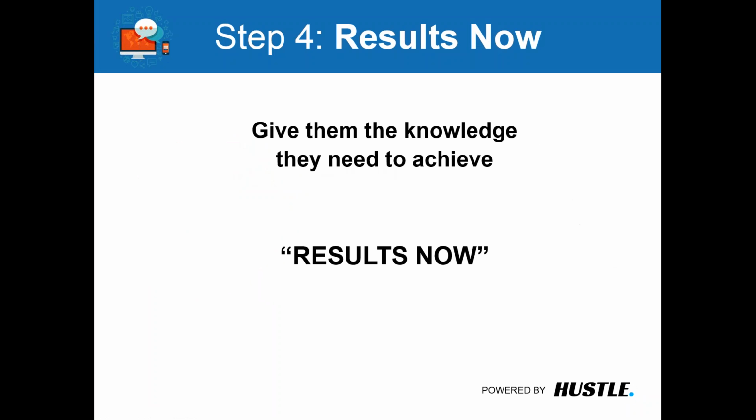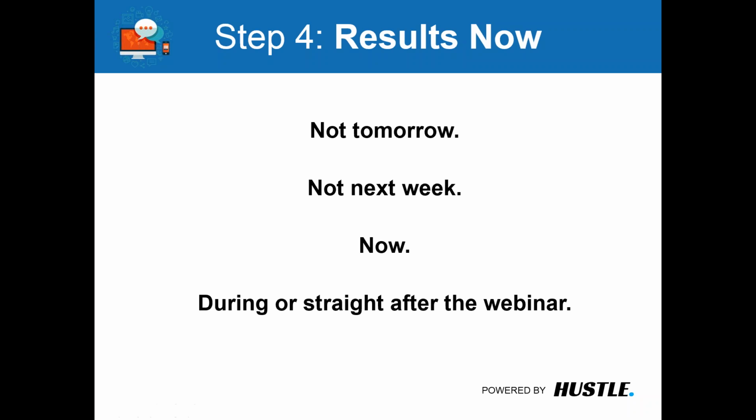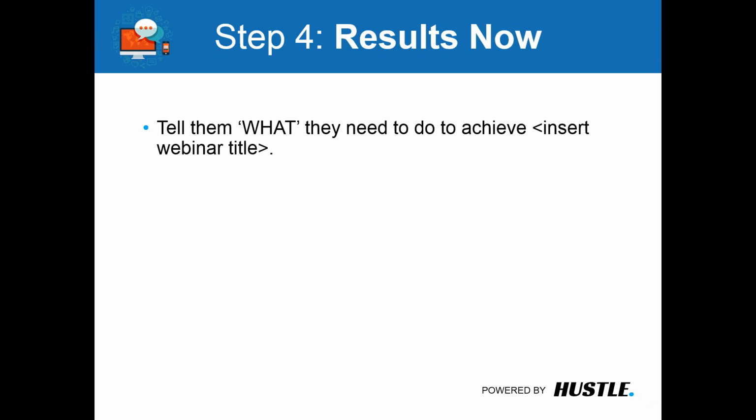That means you need to give them the knowledge they can take straight away, hopefully not during, but hopefully after the webinar, and apply with the tools that you've given them to be able to apply the knowledge they've just learned so they can see an immediate return. Results now means not results tomorrow, not next week, now, basically. You want them to concentrate on your webinar, obviously.